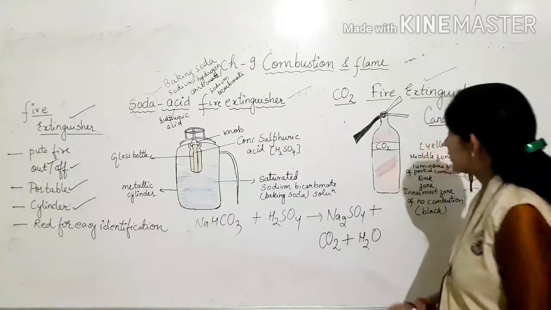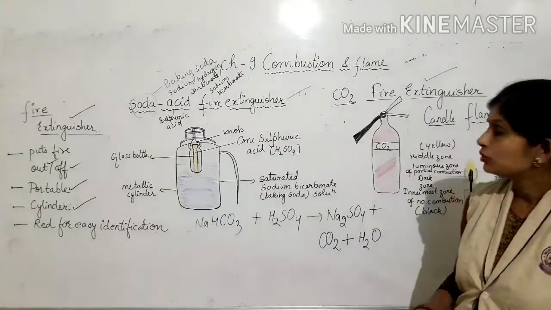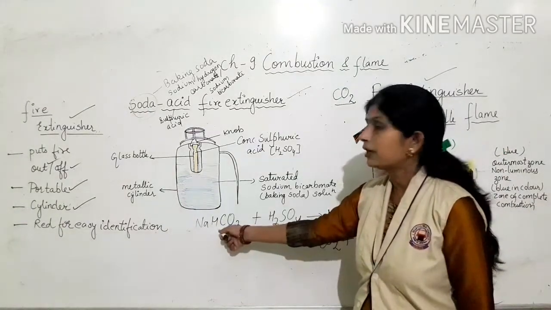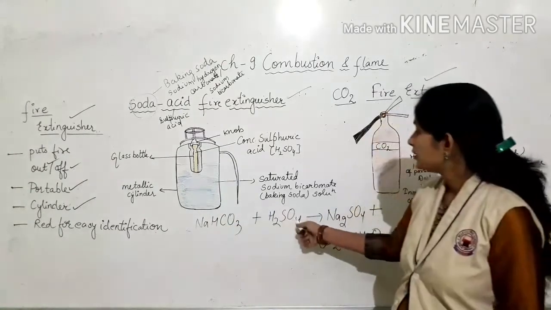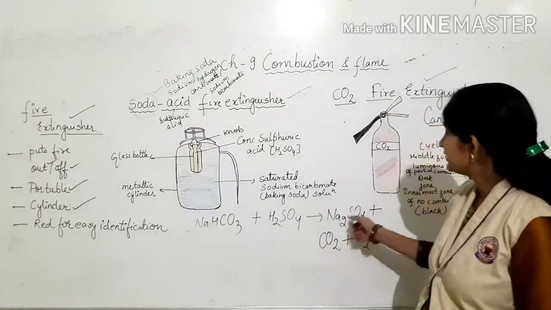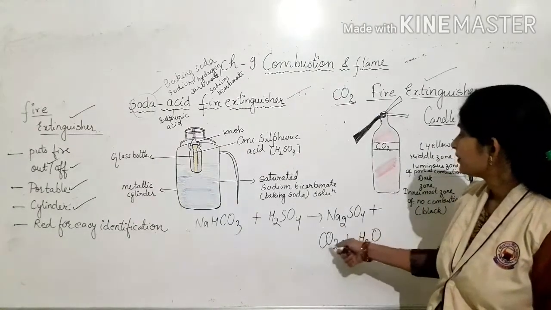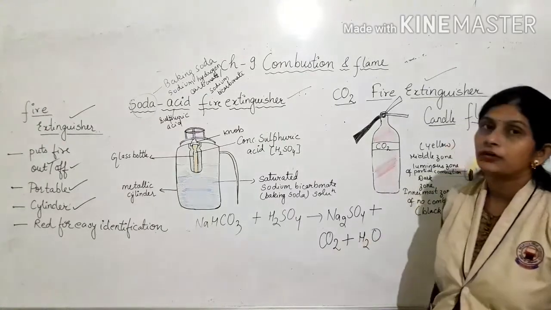With these products, water is also formed. So, when sodium hydrogen carbonate or sodium bicarbonate or baking soda solution reacts with sulfuric acid, then these three products are formed. Sodium sulfate solution, carbon dioxide gas which extinguishes the fire, and water.